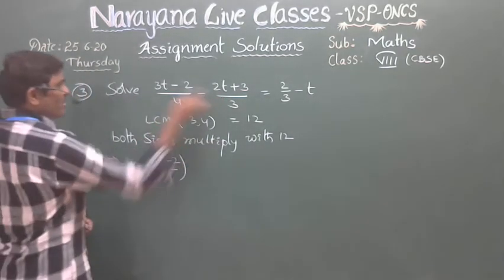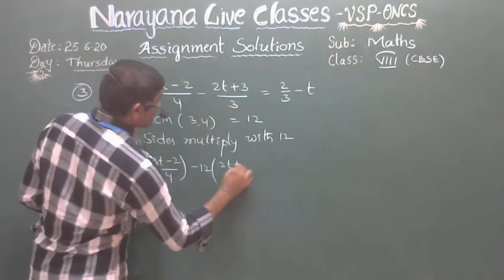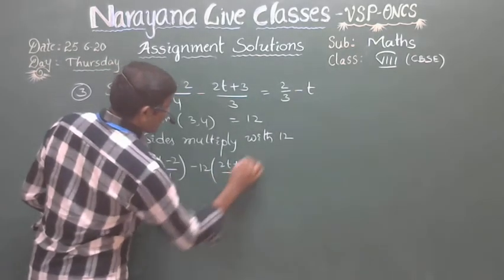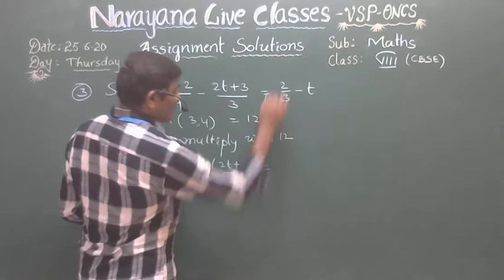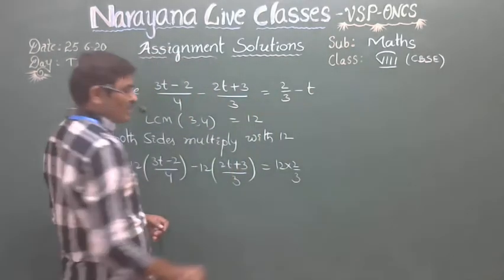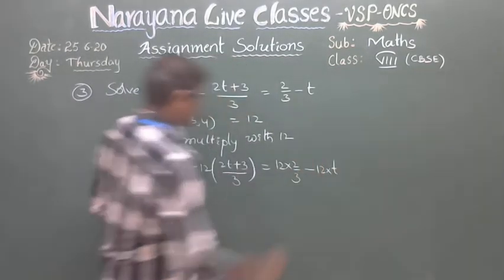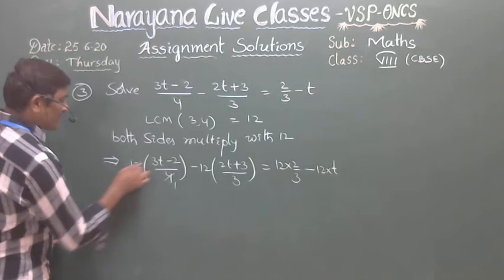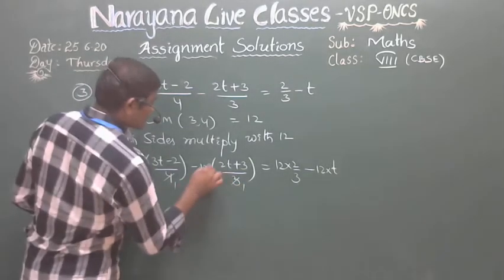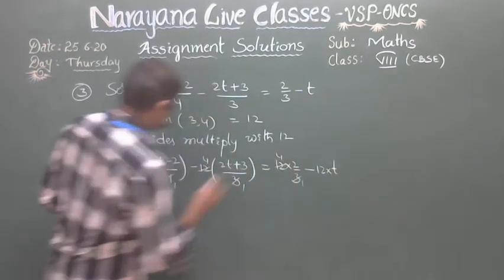When both sides are multiplied with 12, we get 12 into (3t minus 2)/4, as well as this term also multiplied with 12, minus 12 into (2t plus 3)/3. On the right side, also 12 into 2/3, as well as this term multiplied with 12, so 12 into t. Now 4 ones are 4, 3 fours are 12.